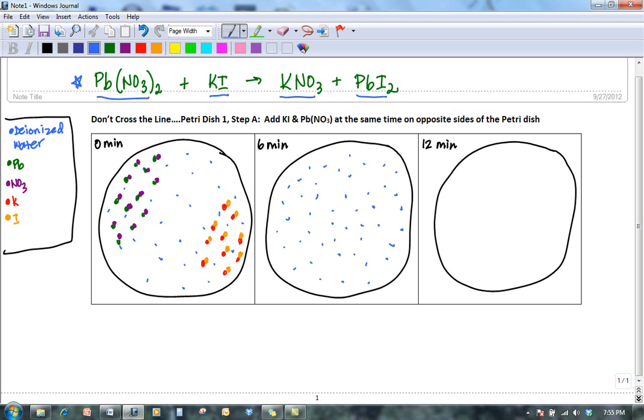But as time went on, so now we're looking at about our 6-minute mark here, and as time went on, the compounds, potassium iodide and lead nitrate, started to move towards the center of the Petri dish itself.